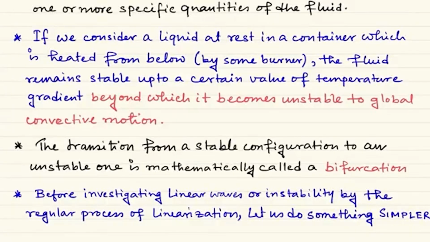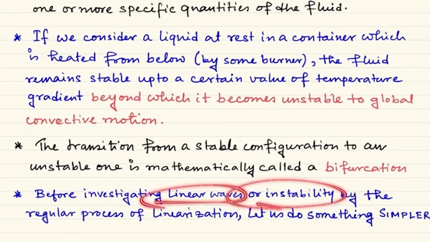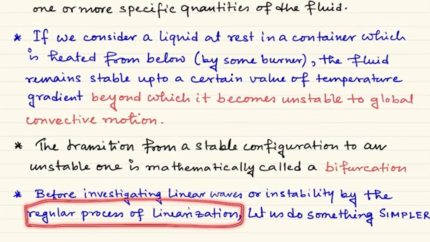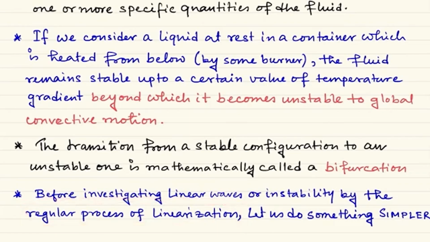Now coming to our point, here in the scope of this discussion, we will be only talking about the investigation of linear waves or linear instability, okay, and then we will actually investigate them using regular process of linearization. But even before doing that, let us do something which is much more simpler and interesting for astrophysics.